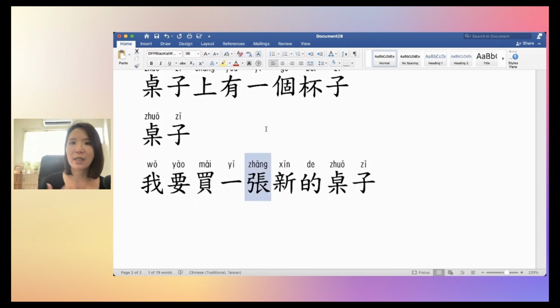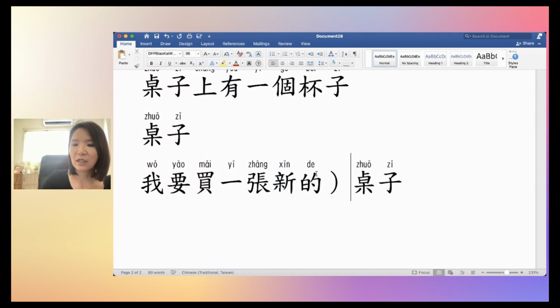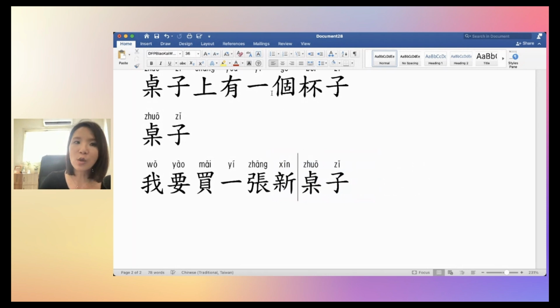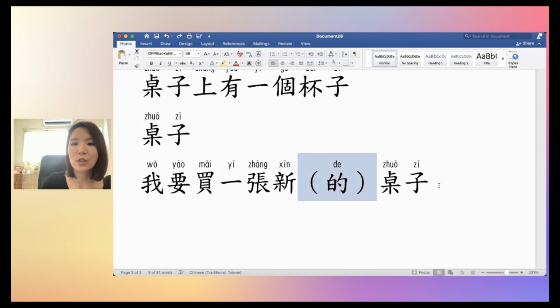You know 张 is the measure word for table, desk. 一张新的桌子, new table or new desk. 新, new. 新的桌子. Here 的 can be omitted because 新 is a one-syllable adjective. When it comes to one-syllable adjectives, you can omit the 的 or not. It's up to you. 新桌子 or 新的桌子. You could do this or that.